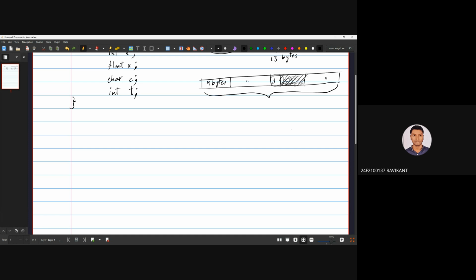But in some cases, let's say you have some struct with int x, int k, float, and double km, something like this.